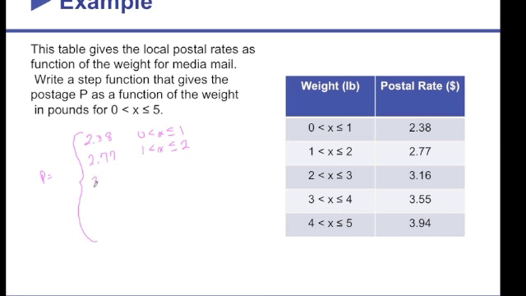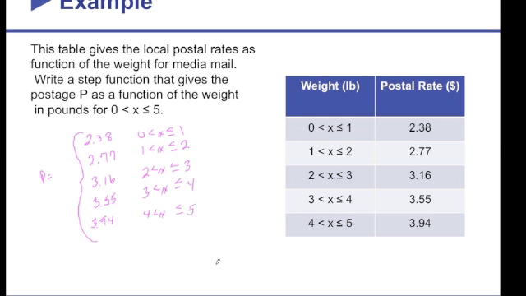The rate is 3.16 when 2 is less than x is less than or equal to 3, and it is 3.55 when 3 is less than x is less than or equal to 4, and it's 3.94 when 4 is less than x less than or equal to 5.